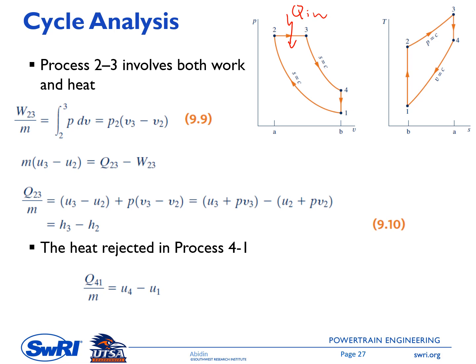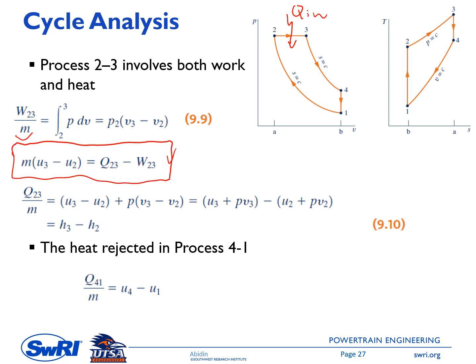The work per unit mass here, W23, is the integral of PdV from point 2 to point 3. Pressure is constant, so this is P2 times (V3 minus V2). Okay, and then you can apply an energy balance here representing the process from point 2 to point 3. So delta U equals Q minus W. So you have this formula.